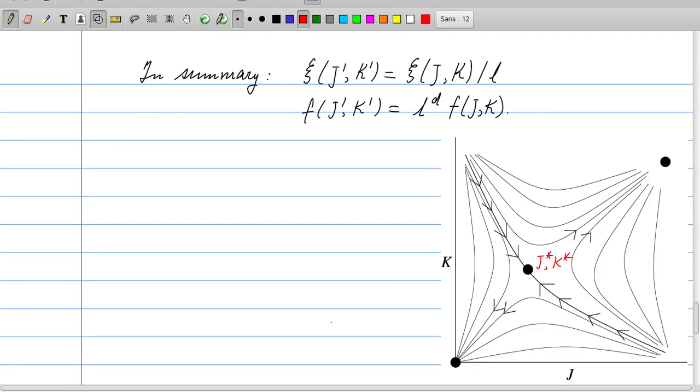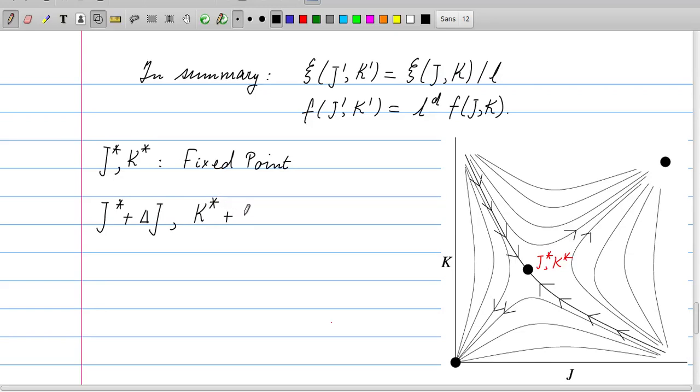First of all, we identify this fixed point here in the center of the mapping, and we call it J star, K star. So J star, K star are the two components of the fixed point. And in order to analyze the behavior close to the fixed point, we define a J, which is J star plus delta J. So that's a point which deviates a little bit from the fixed point.